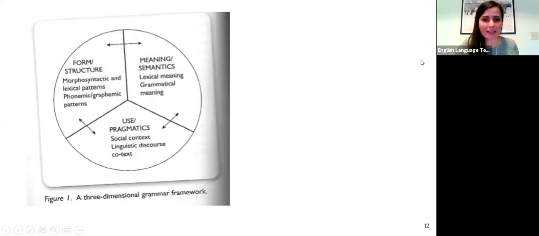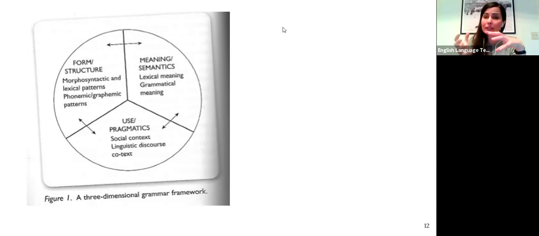So Larsen-Freeman has this really good framework that I think is very important for teaching and testing, which incorporates not only the form, because students need to know the form to be accurate, right? How to conjugate a verb, or which verbs need a preposition, which preposition goes with what, right? But they also need to know the meaning of that particular structure and how it is used, the context where it is used.